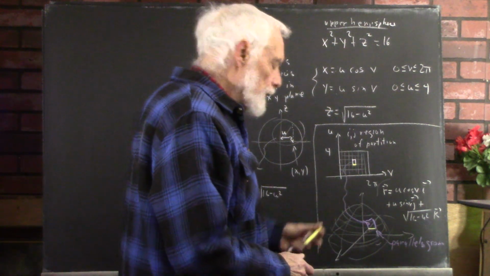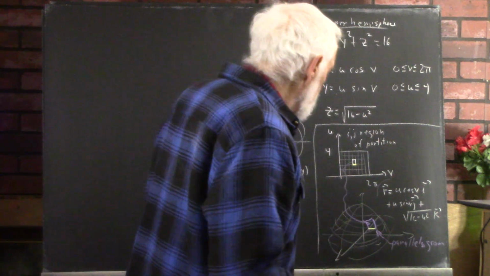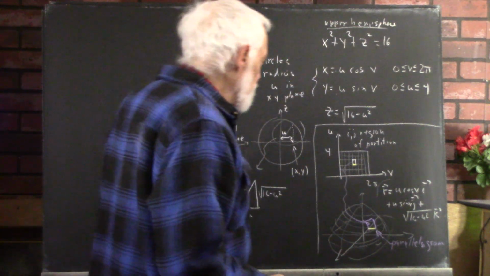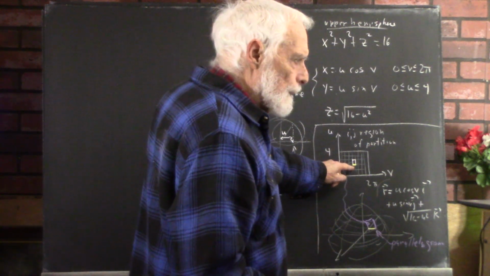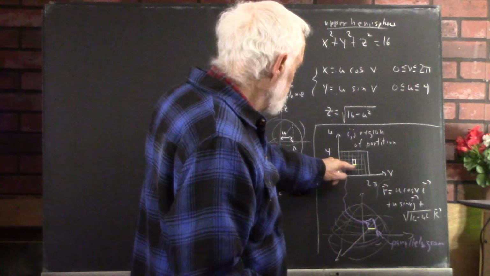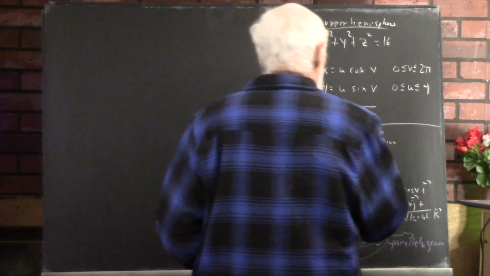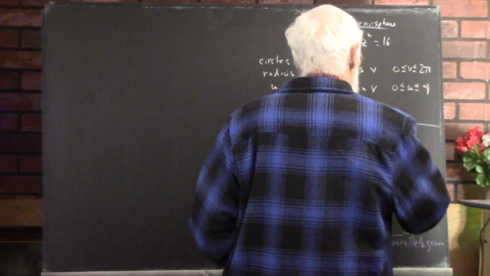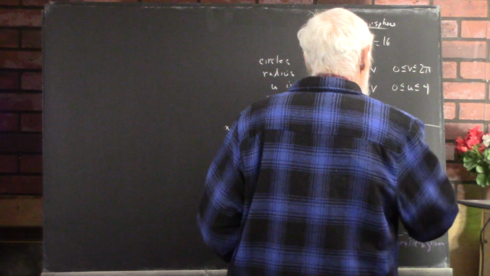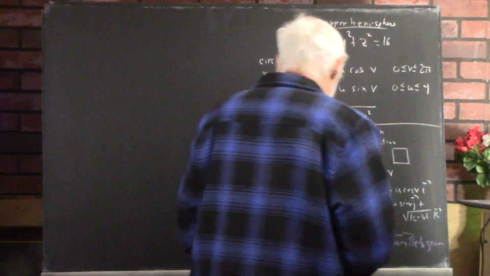Okay, so we have this side. Now, what's the length of this side? The length of this side is your delta V up here. So let me just draw a bigger picture of this rectangle.